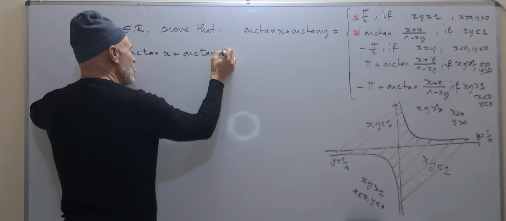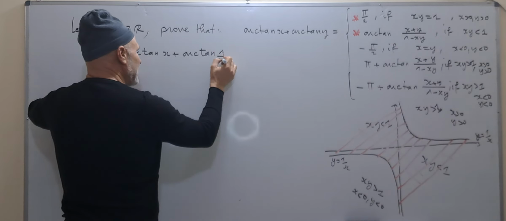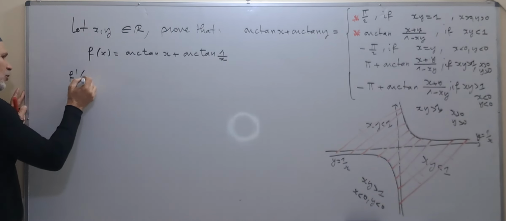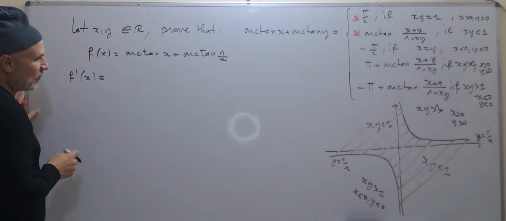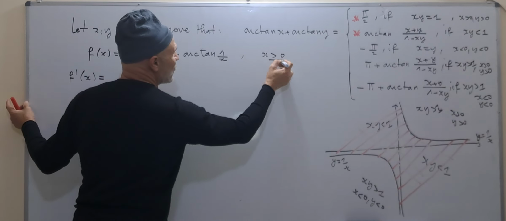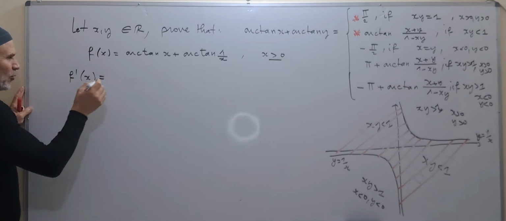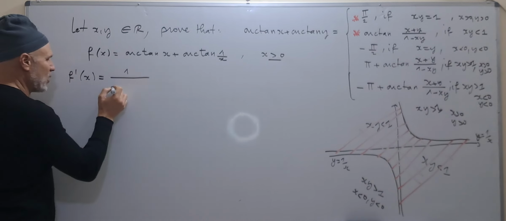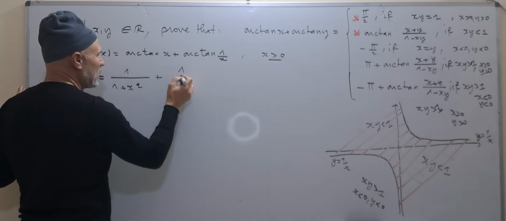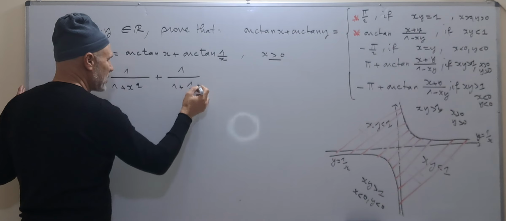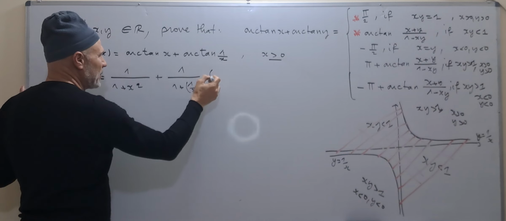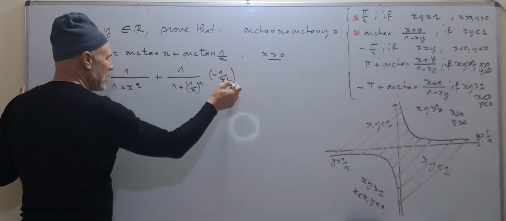Arctangent 1 over x. If we take the derivative, f prime of x, for x positive we are in the first case. f prime of x is equal to 1 over 1 plus x squared, plus 1 over 1 plus 1 over x squared, times the derivative of 1 over x, I mean minus 1 over x squared.